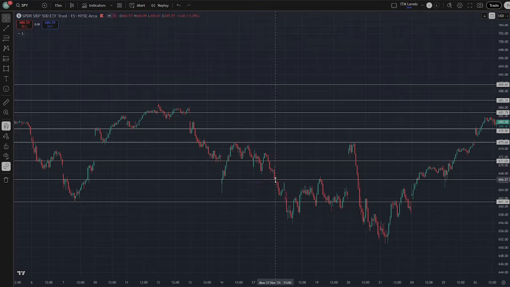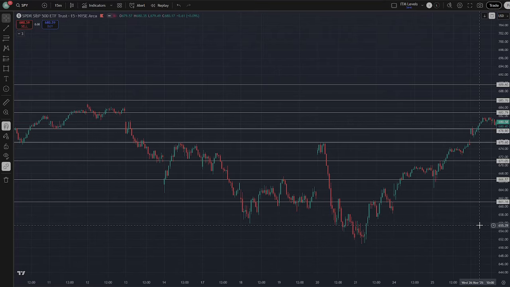The 666.56 level, I moved it down to 666.57, just for this candle right here. 1 cent makes a little bit more sense.